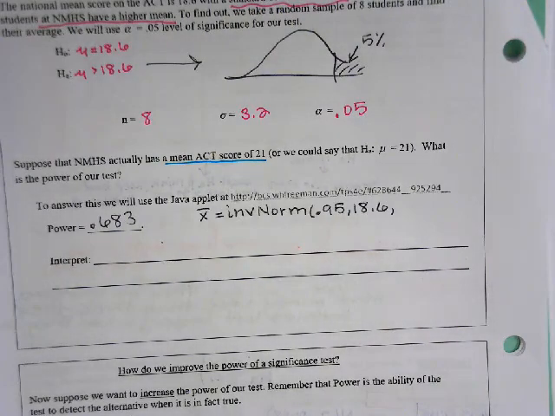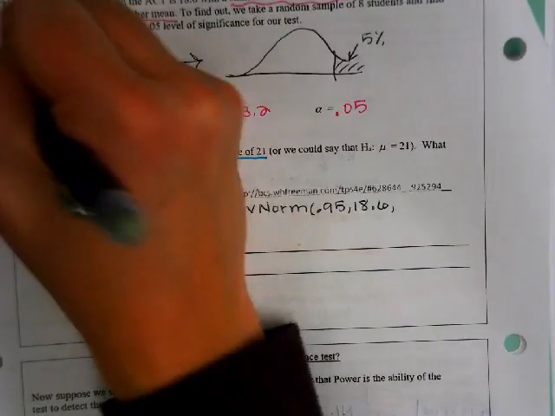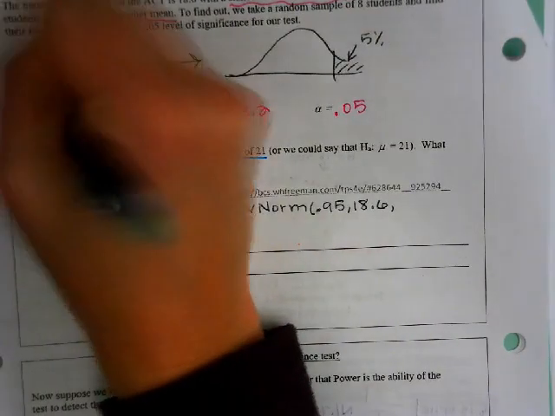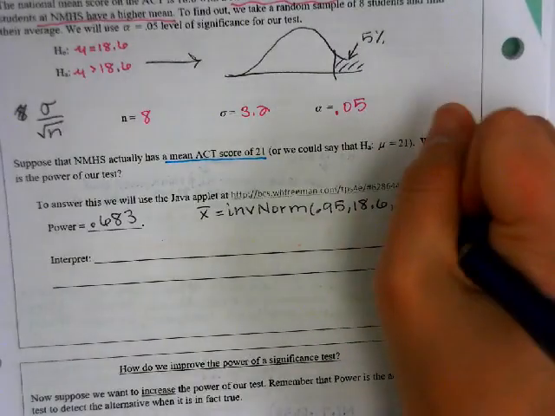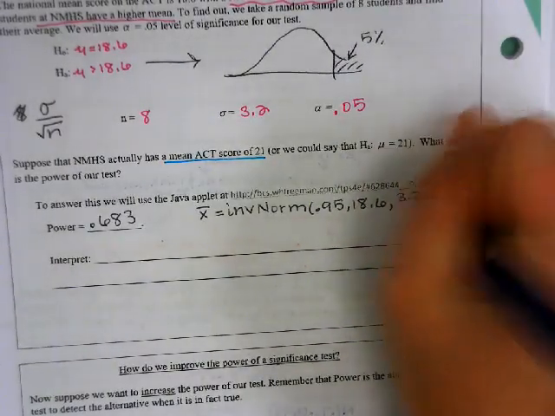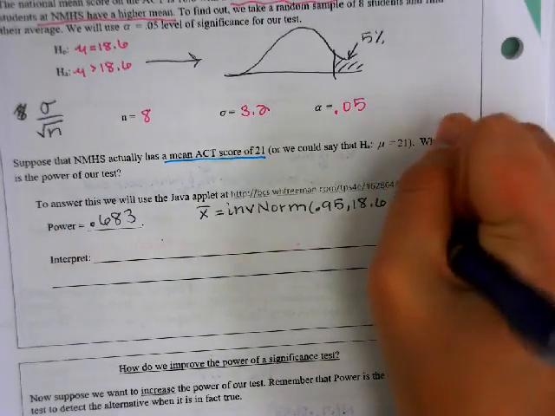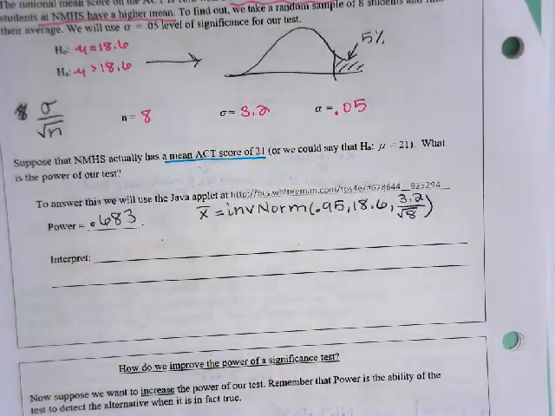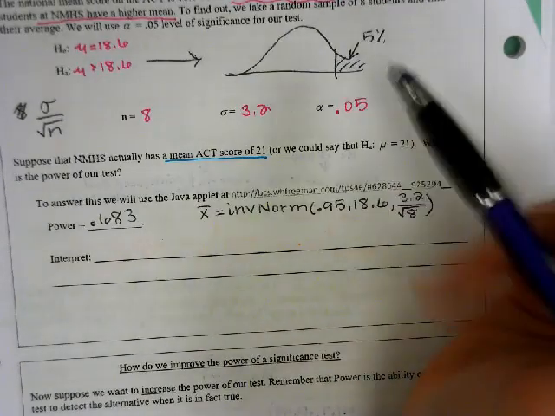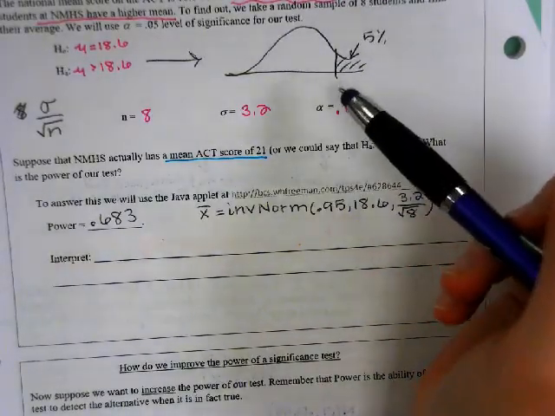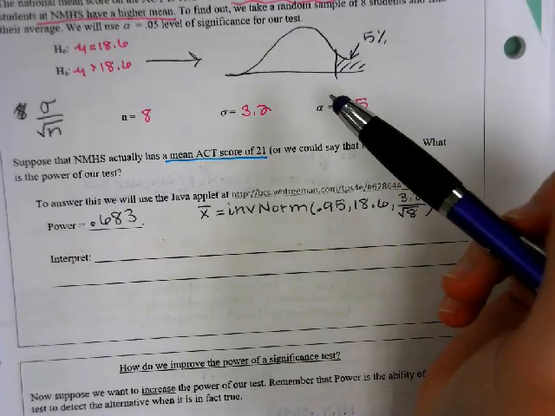And that would give us our X bar that tells us when we're going to reject H null and fail to reject H null. And I did it earlier and I got 20.46. Does that match what you thought? Thanks, Isa.